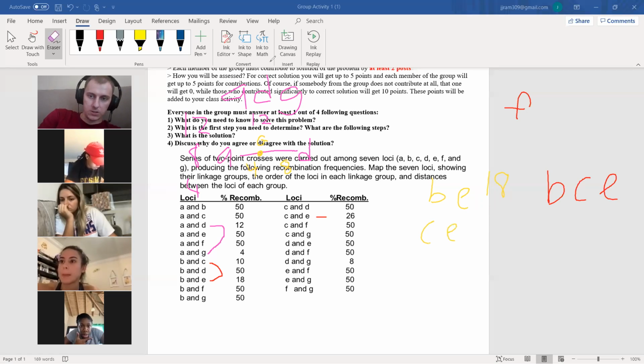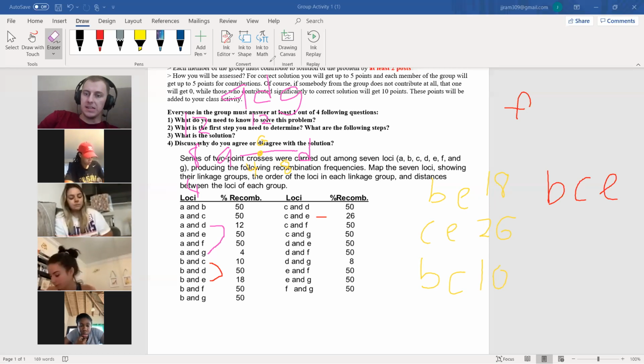C and E is 26. And B and C is 10. So the longest here is C and E. Those are the two ends of the group.